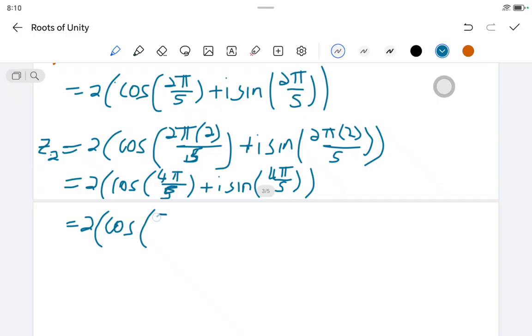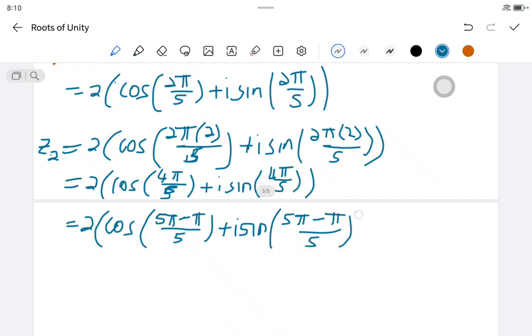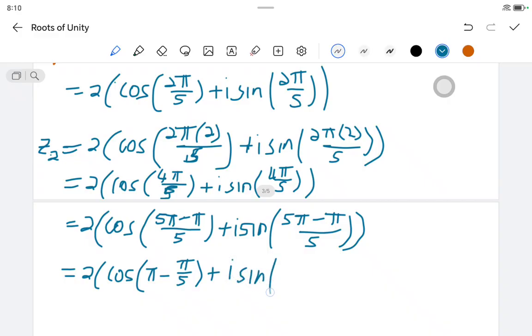So we can change the 4 pi to 5 pi minus pi, over 5, plus I sine of 5 pi minus pi over 5, and this will be equal to 2 cos of pi minus pi over 5 plus I sine of pi minus pi over 5.